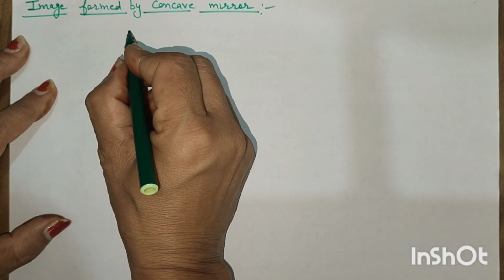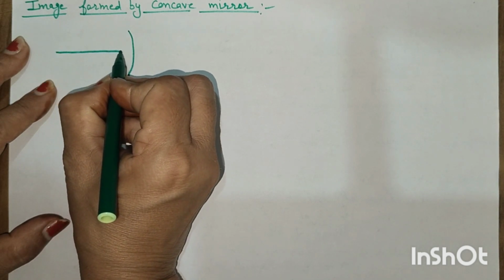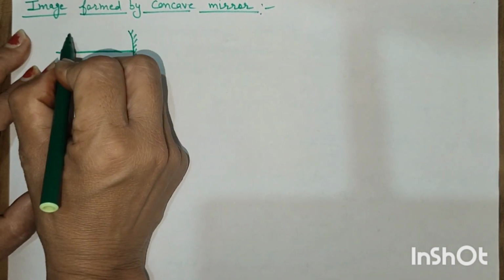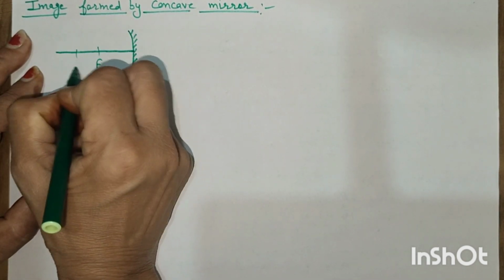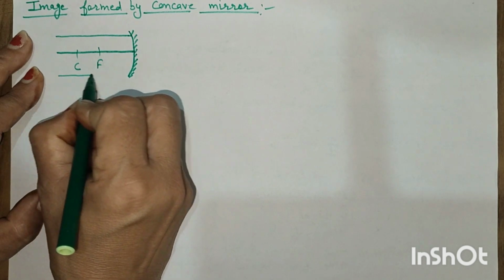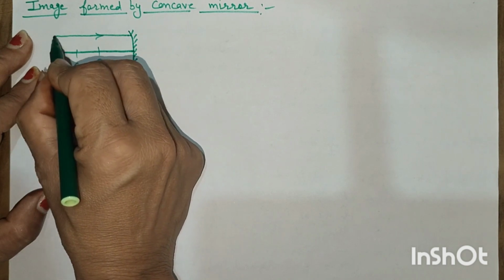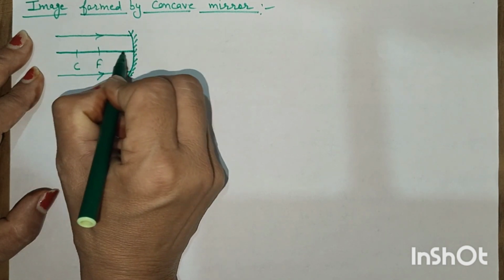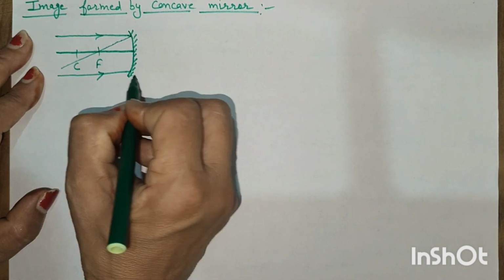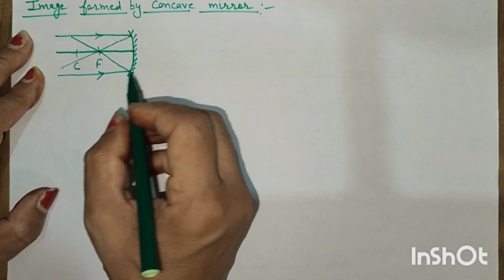We will draw the various images formed by the concave mirror. This is the concave mirror. When the object is placed at infinity, at F and C, the first rule is that rays will go parallel to the principal axis, and then second, they pass through the focus, and after passing through the focus, move parallel to the principal axis.